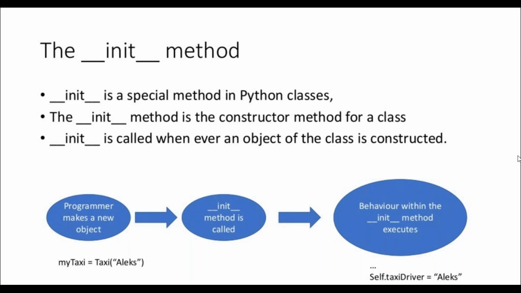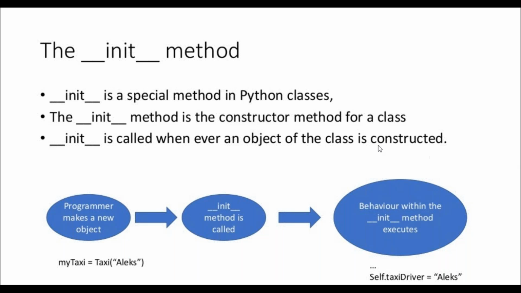For one class, the default constructor is the init method. Init is called whenever an object of the class is constructed, meaning created. So once you create any object, the init method is called.